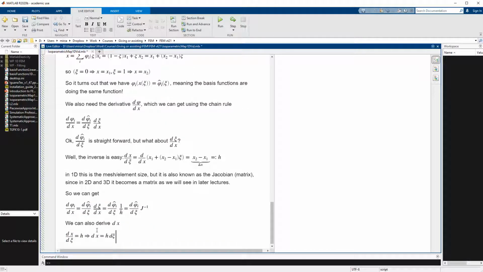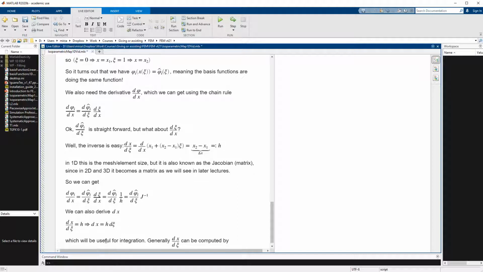Now note that we can also derive dx. We can take dx/dxi, start out with that, and say, right, this is h, and then we can just multiply dxi up to the right hand side, and we get dx is equal to h dxi. And that's how we make this variable change in our integral. So this will be useful for integration when we get to it.